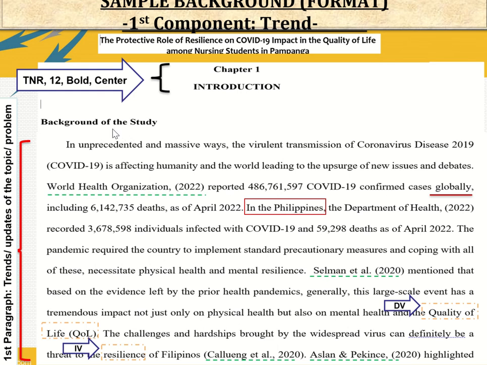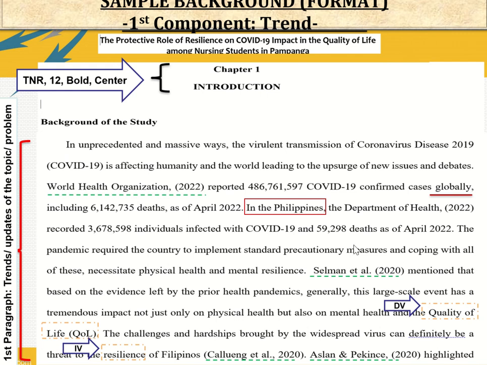Okay, background of the study, and then bold siya. So this is now how the first paragraph looks like. And this is showing to us the trends or updates of the topic or of the problem.